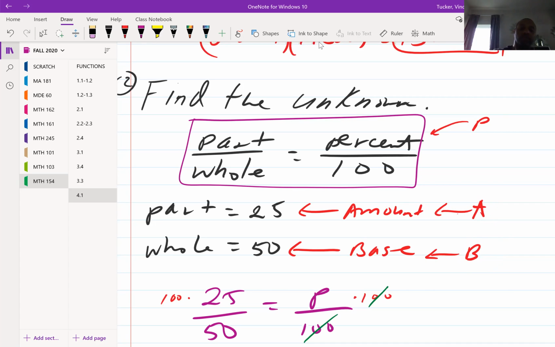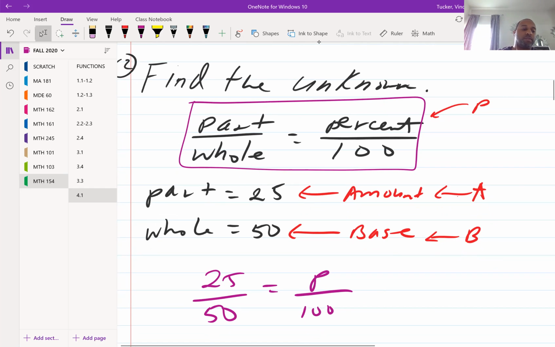So you set up your proportion. That means you're doing 25 over 50 equal to P over 100.